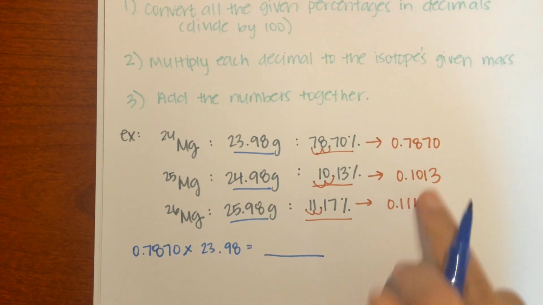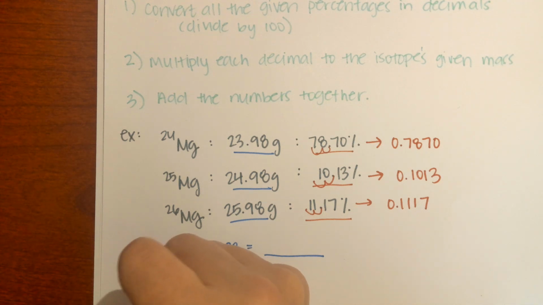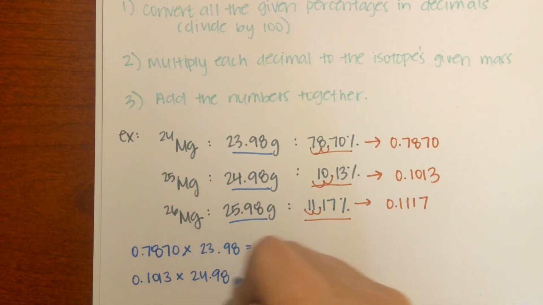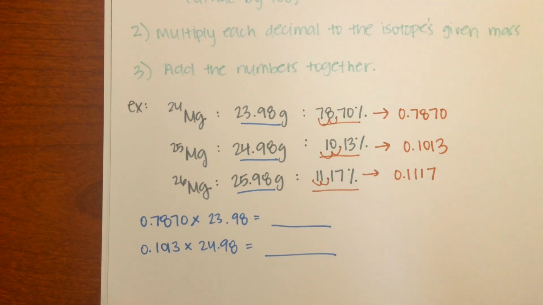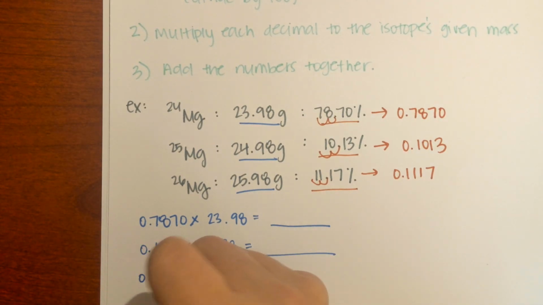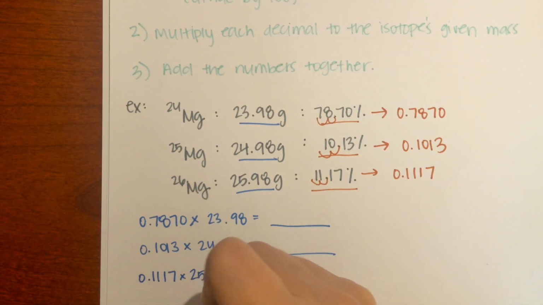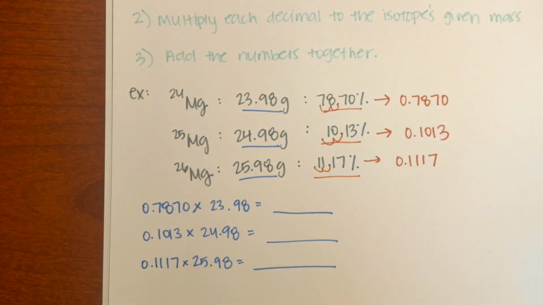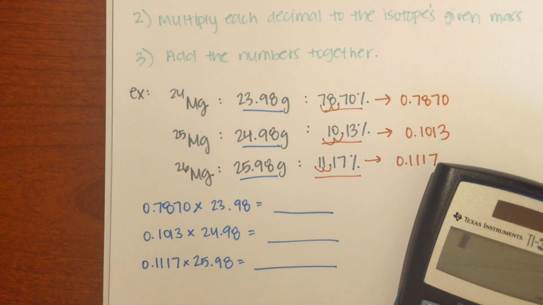We'll get to that in a second, just setting it all up. And then the last decimal. Then you're going to solve for each of these, just separate multiplication.